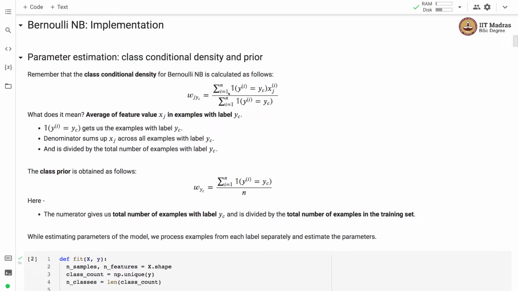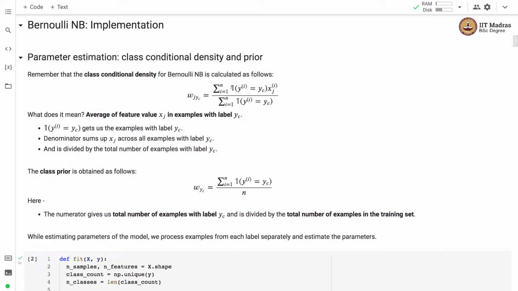It is estimated as the sum over all the feature values of xj wherever we have a class label yc, divided by the total number of examples with class label yc. In other words, we take the average of feature value xj in examples with label yc.